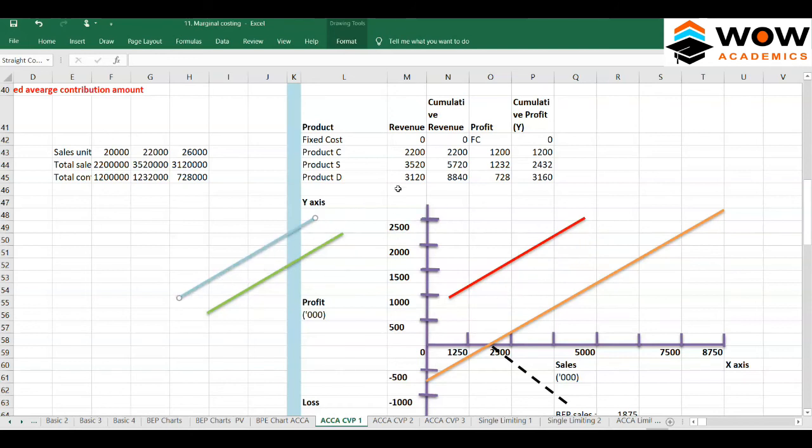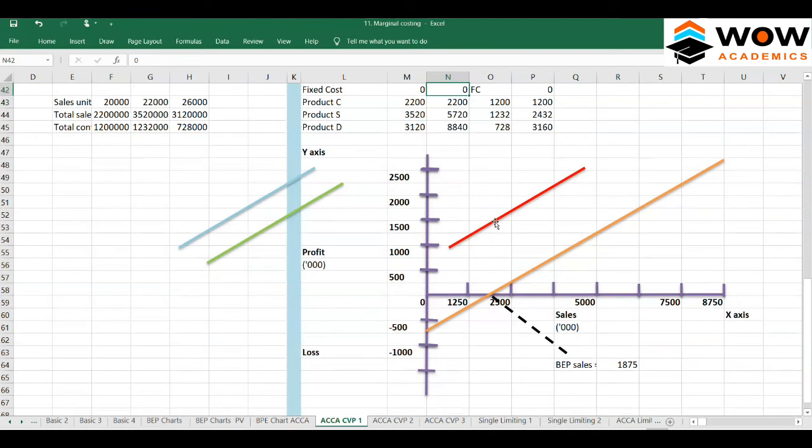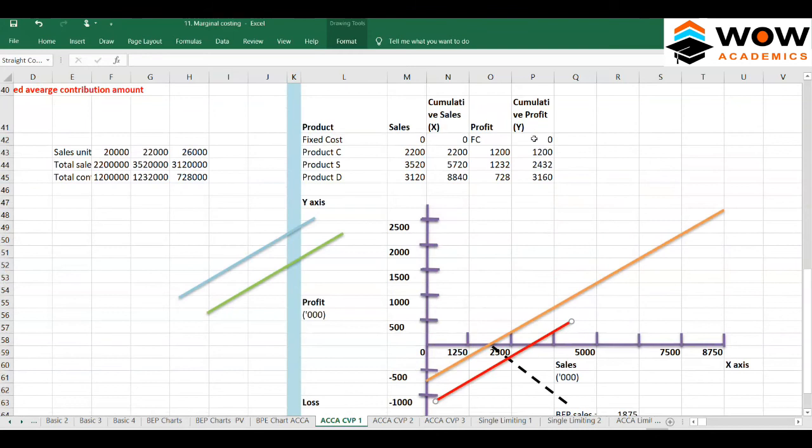So we'll start here. The first number would be the revenue, or sales, if you want, you can also take it as sales. When sales is 0, the fixed cost, I think we have missed the fixed cost.